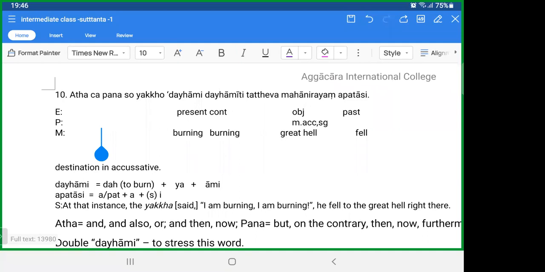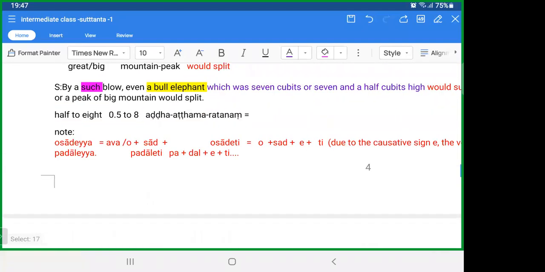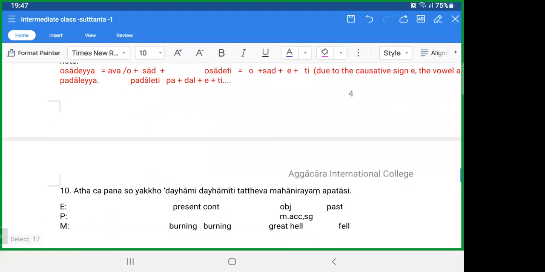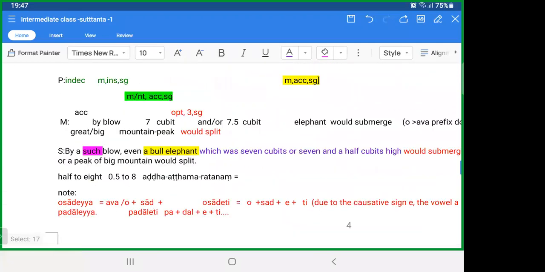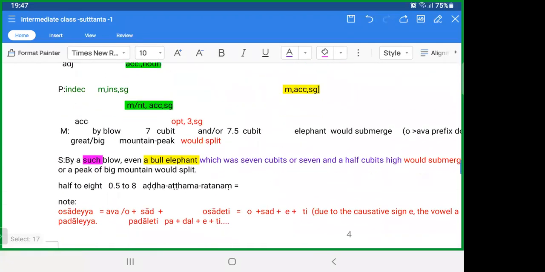But on the contrary. Okay, it's a conjunction. So pana has many meanings. Besides contrary, here you can just say something like at that instant. Pana sometimes connects the previous story and the current story. The previous story is talking about the elephant being submerged and the mountain peak being split.